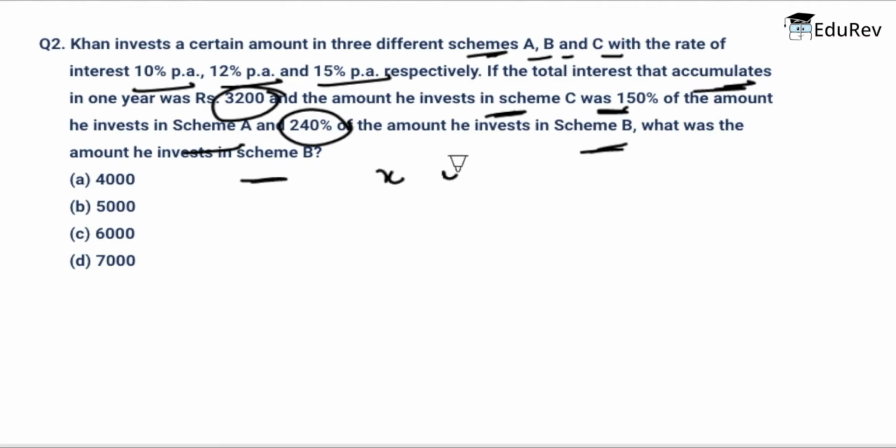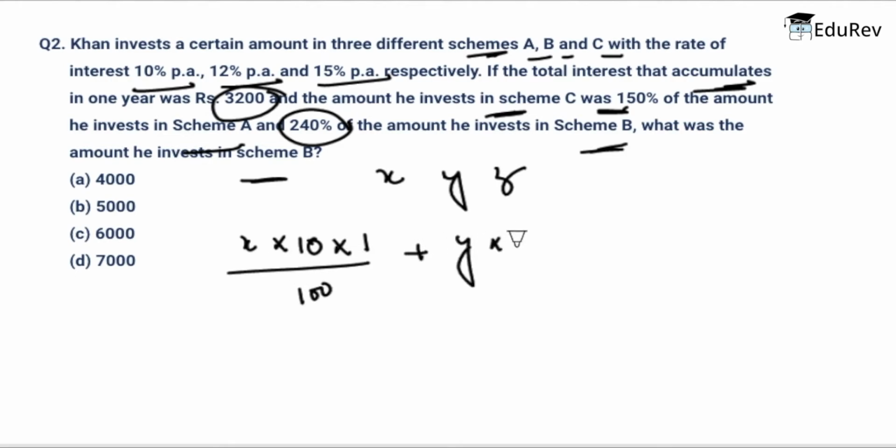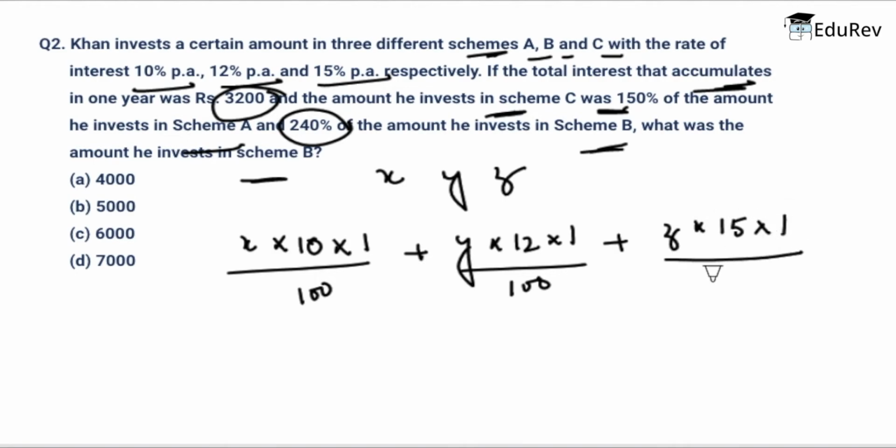Let's assume that x, y and z are the amounts that Khan invests in scheme A, B and C respectively. Then, using the formula of simple interest, we can write x into 10 into 1 upon 100 plus y into 12 into 1 upon 100 plus z into 15 into 1 upon 100 is going to be 3200.